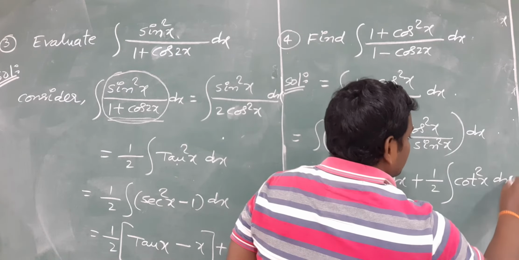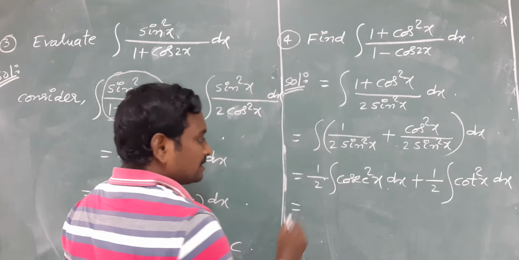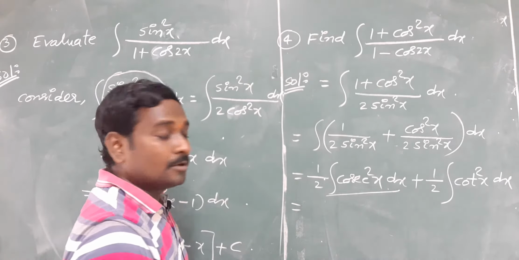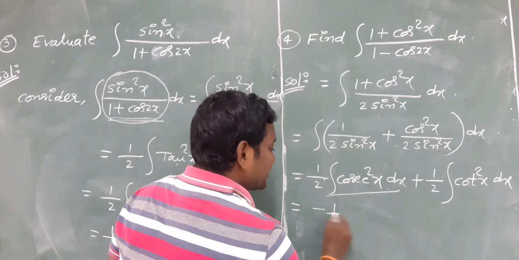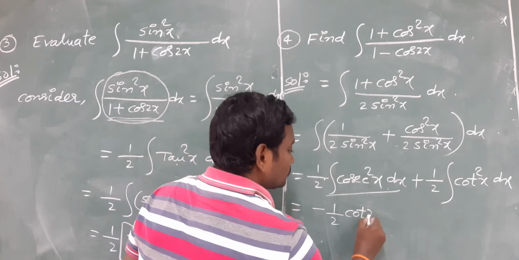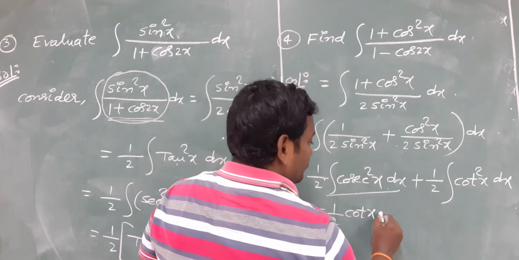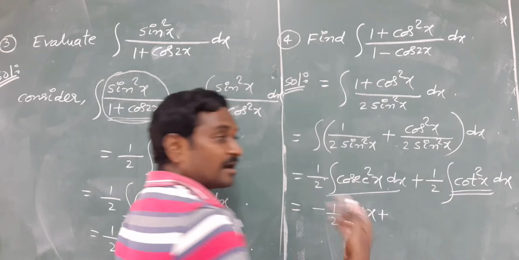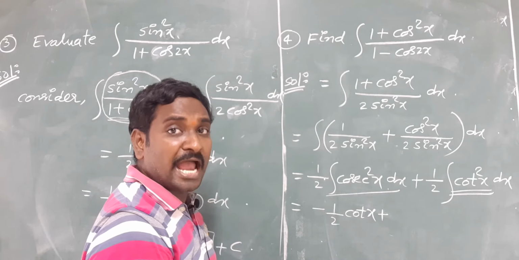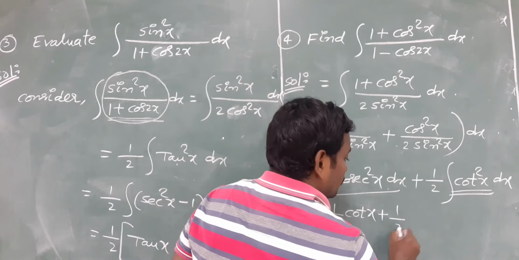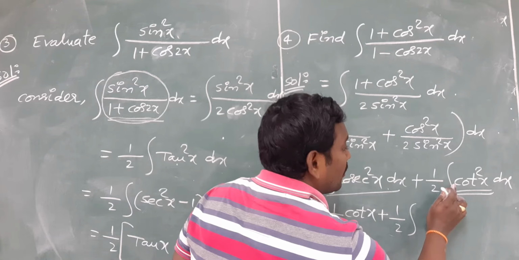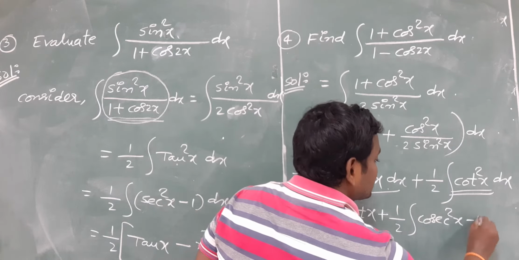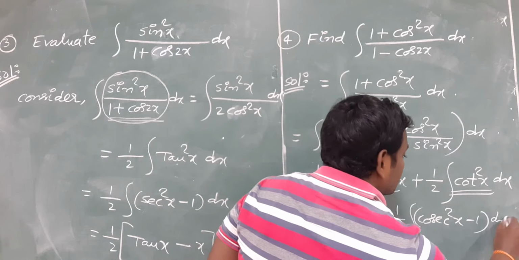cosec square x dx, we have a direct formula for the integral of cosecant square x dx, which is minus cot x. That's why you will get minus 1 by 2 cot x plus, again we don't have the direct formula for integration of cot square x, so again we use the identity. 1 by 2 into integration of, how can we write cot square x? Cosecant square x minus 1 whole dx.